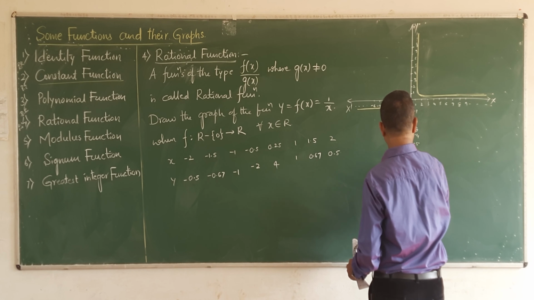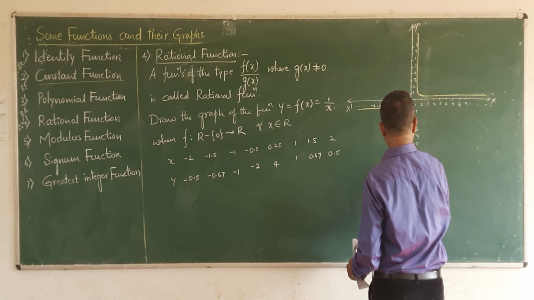Read it as mod x. Two lines indicate modulus notation. A function f from R to R defined by f of x equal to mod x is called the modulus function.